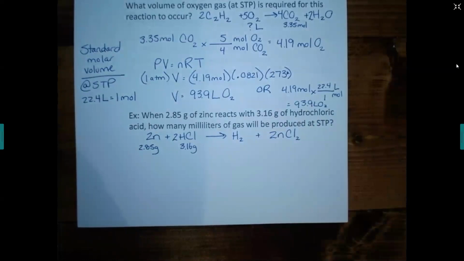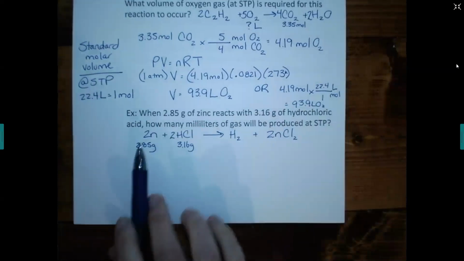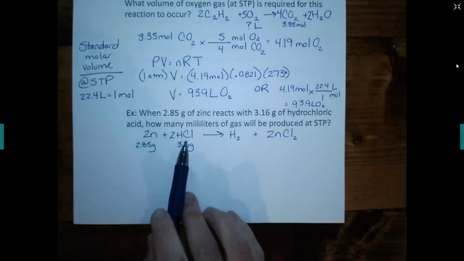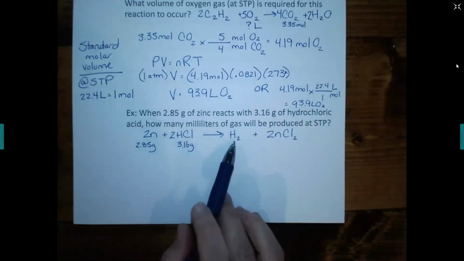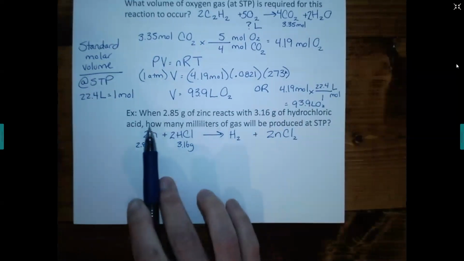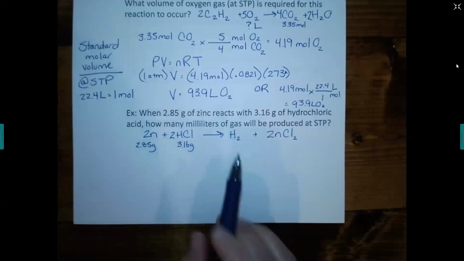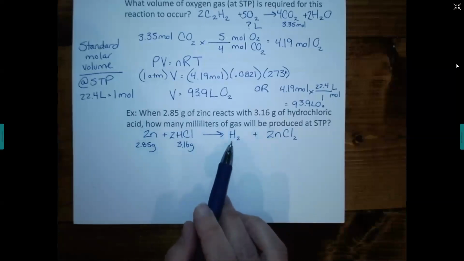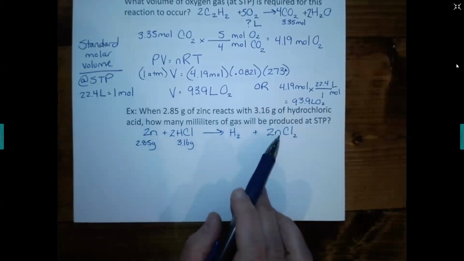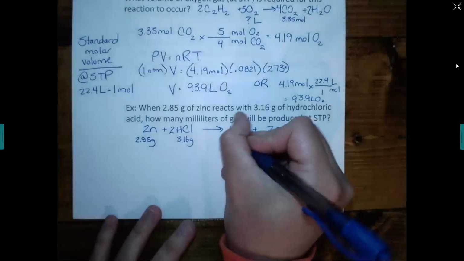But if you were to take the time to write out the net ionic equation, you would see that the net product for this reaction is hydrogen gas. If you put some zinc and some hydrochloric acid, that hydrochloric acid is going to immediately eat away at the zinc, producing gas bubbles. You'll see those gas bubbles coming out of solution. So when they say how many milliliters of gas will be produced, they're assuming you know that of these two options, this is the gas.